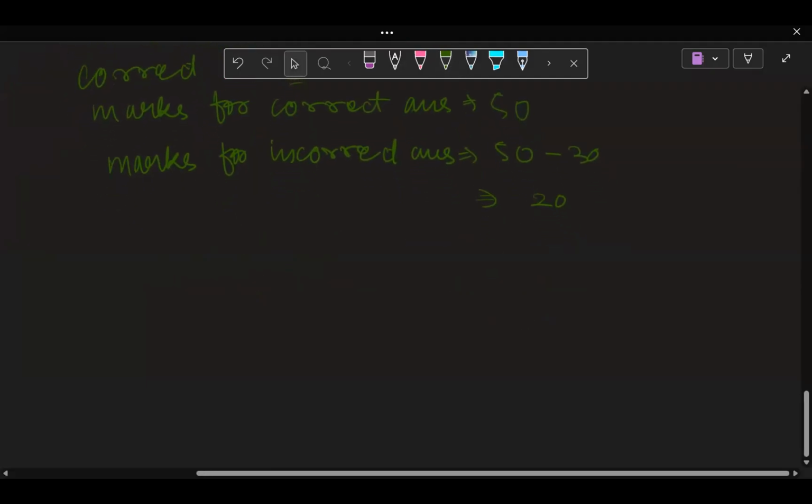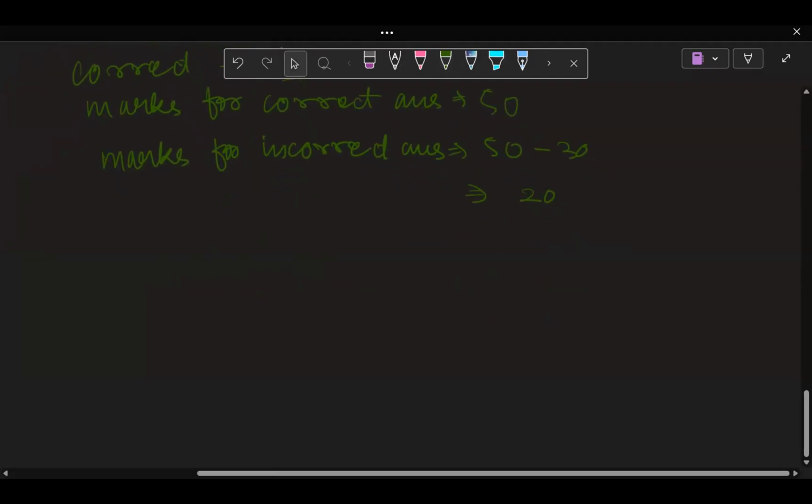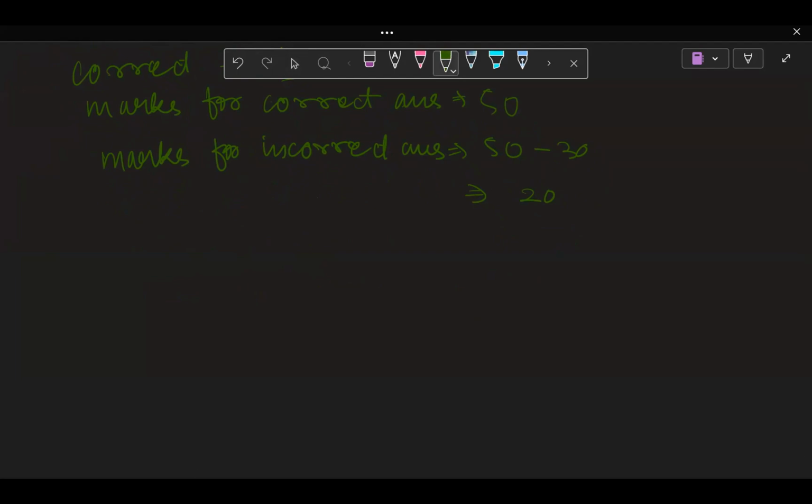If she lost 20 marks for incorrect answers, and we know for one incorrect answer she loses 2 marks, then for how many incorrect answers will she lose 20 marks? You just divide 20 by 2. So you get 10. So the number of incorrect answers is 10.